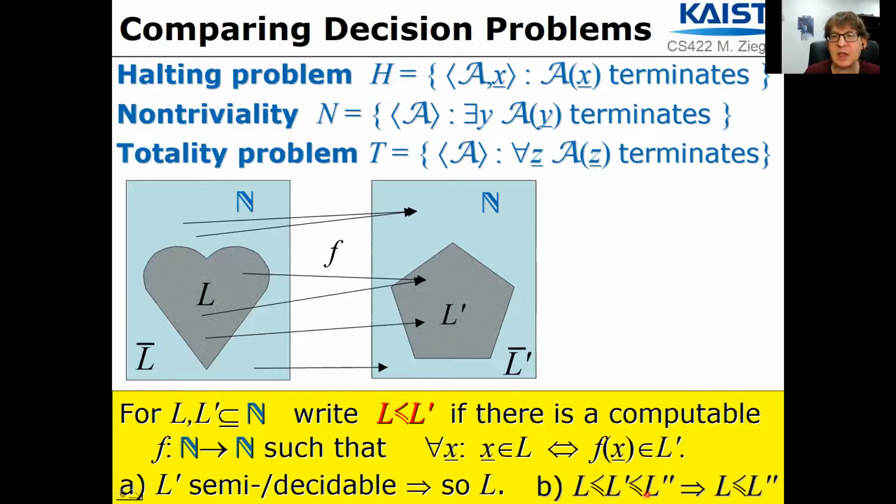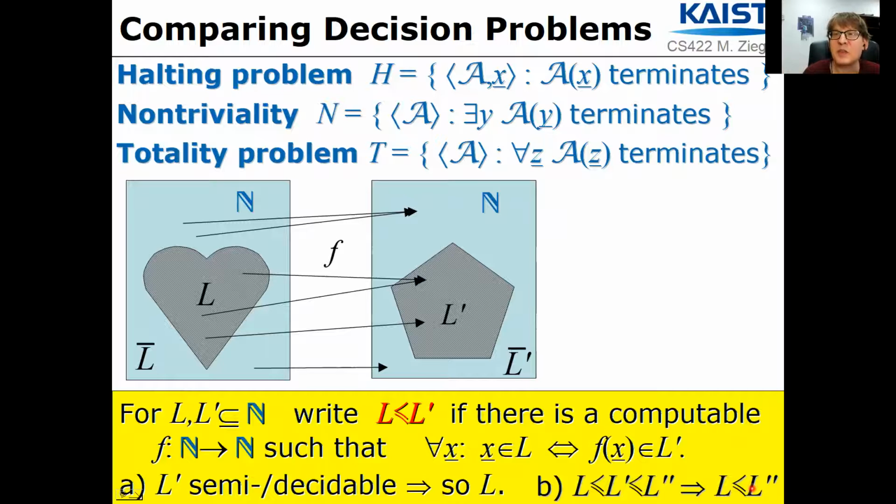F here, G here. And now I leave it to you to verify that the composition, first F, then G, or put differently, G after F, indeed satisfies this property, namely it reduces L to L double prime. This is easy. And the second, also easy observation is that this composition is again computable.